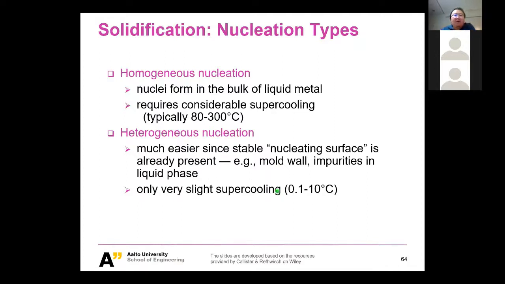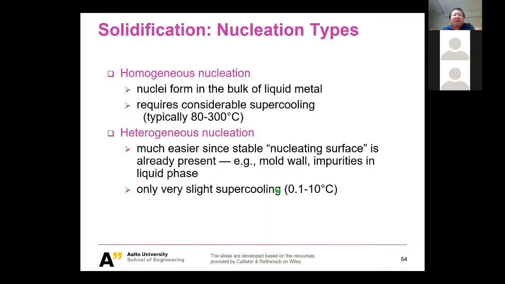And the second type, which is something we usually experience, is called heterogeneous nucleation. That is the nucleation that you would find at the surface, let's say, because it's much easier, not because the delta T is small. It is also because the energy required to nucleate over there is much lower. So that's why the crystals will nucleate much more easily.